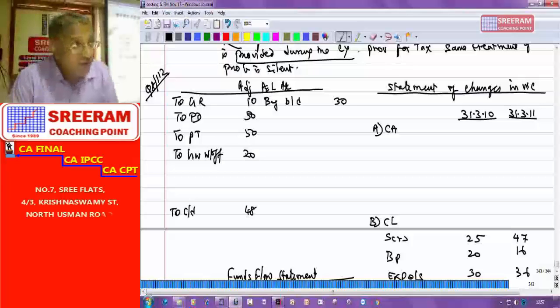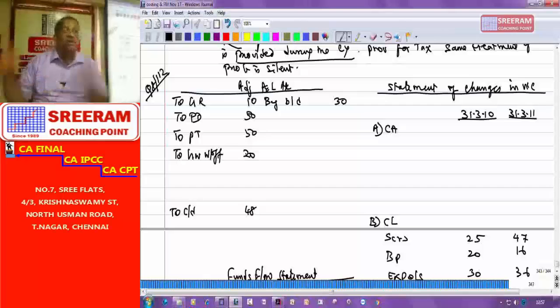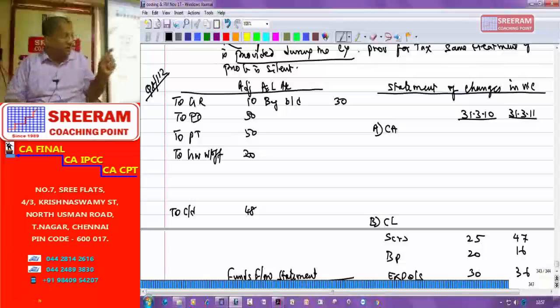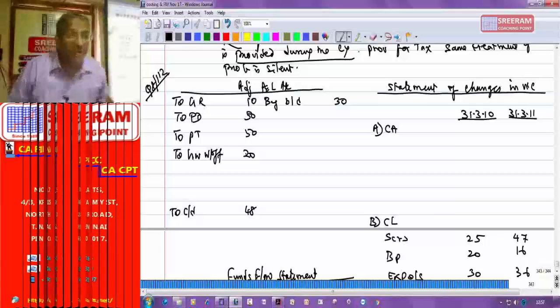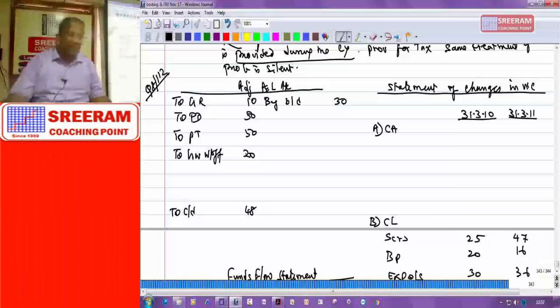Cash account debit 50,000. Credit land 30,000. Credit capital reserve 20,000. I am assuming that this capital reserve has come only out of the sale of the land. The difference is only 30. Profit is credited to capital reserve. That is what we are understanding. 30 plus 20, sale value is 50.